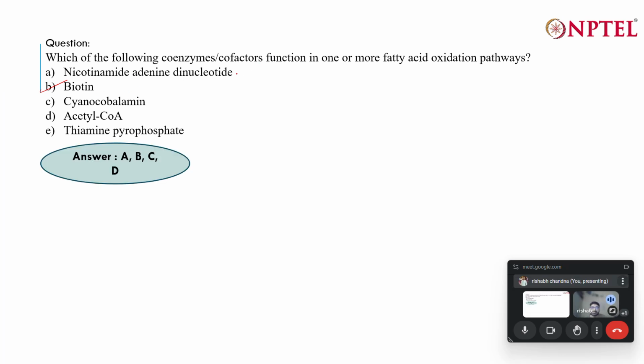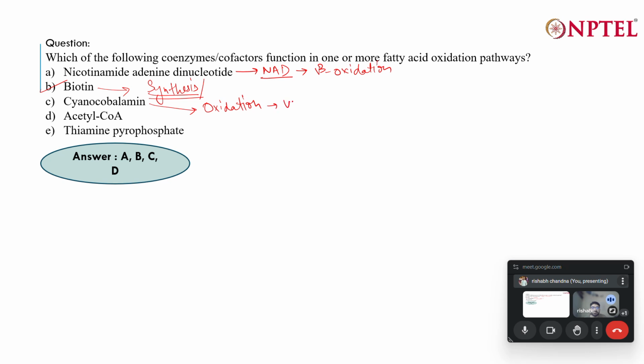So this is NAD, the molecule that is involved in the beta oxidation. Biotin is involved in synthesis. And cobalamin is also involved in oxidation.